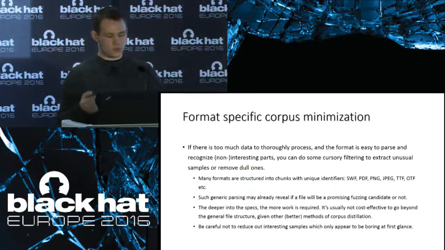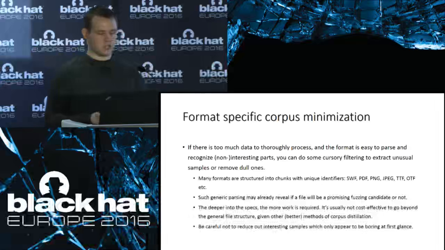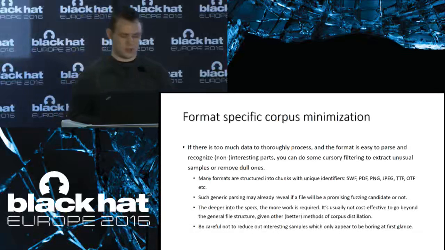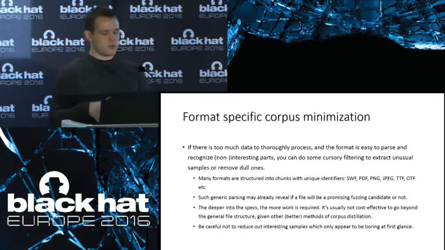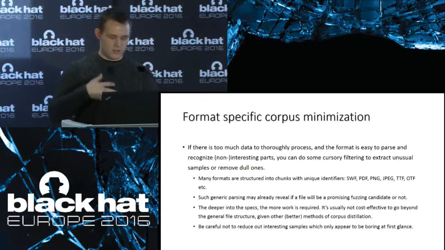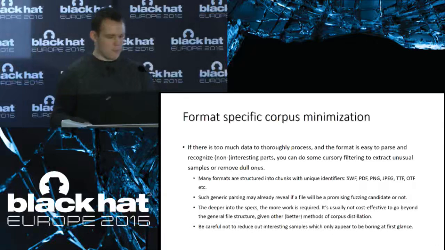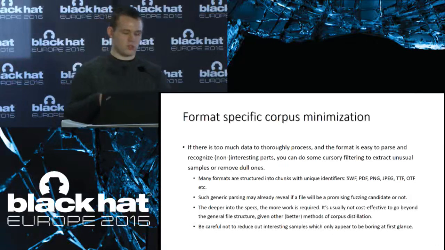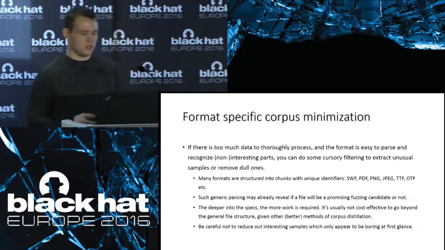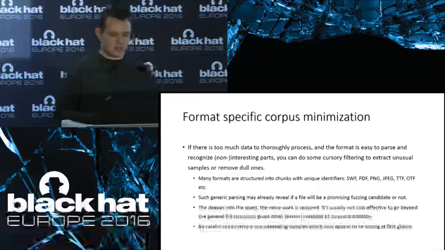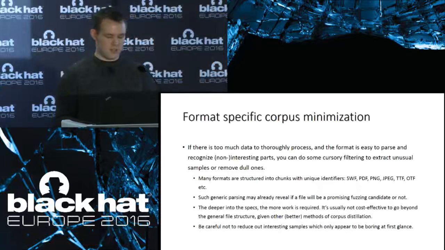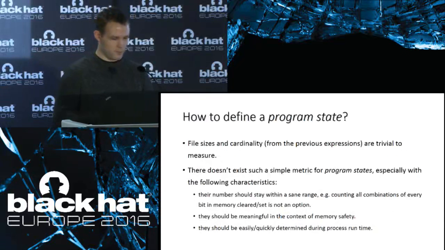This is the case for SWF files, PDFs, PNGs, and many other files that you can see out there. So such generic parsing can already be used to do some very quick preprocessing before we do anything more complex. But you have to be careful not to go too deep into the specifications, because then it gets harder and the result is not as cost effective as where we just do very basic processing.